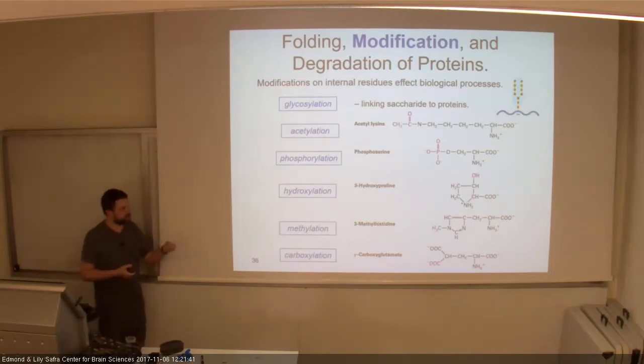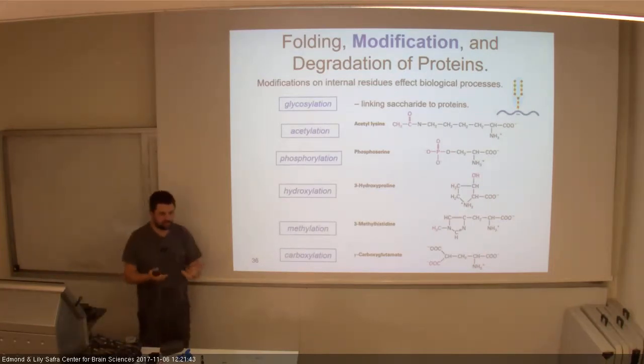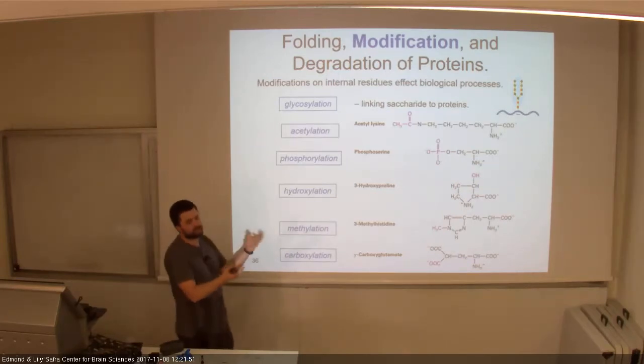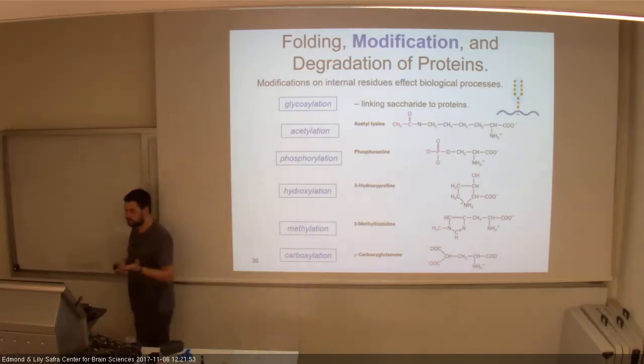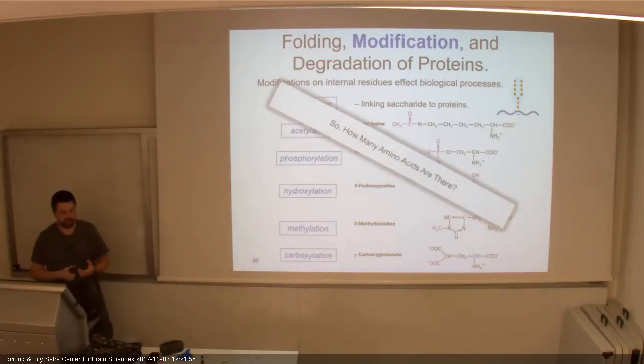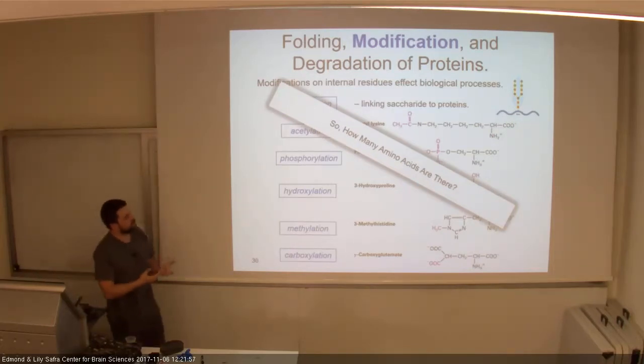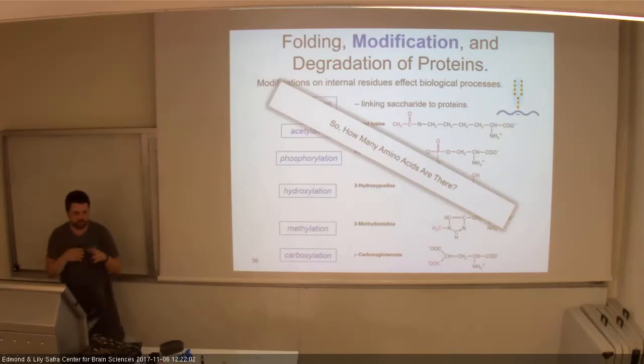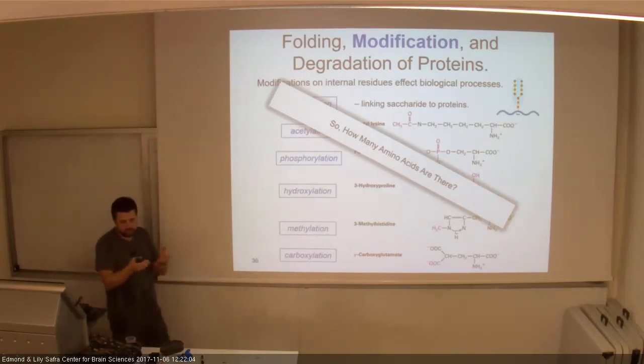But what we actually see is that I taught you that there are 20 amino acids, for example, but hydroxyproline, for example, is not one of these amino acids. So actually, I'm asking you here, how many amino acids are there? Because we differentiate between different amino acids because of their molecular structure.